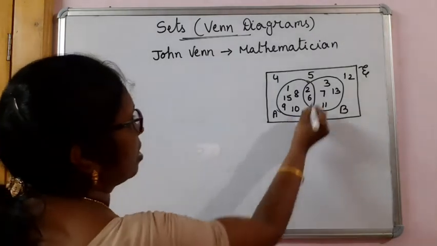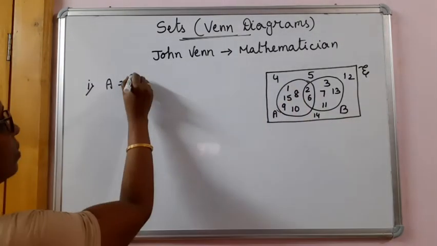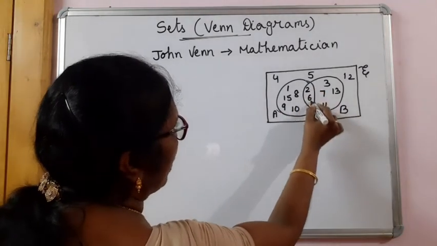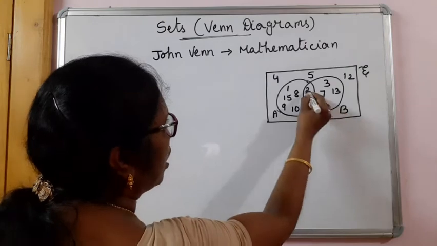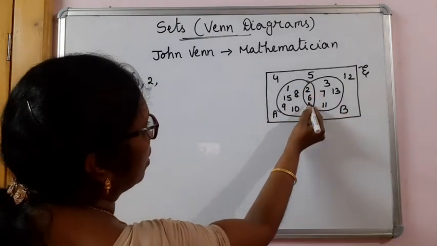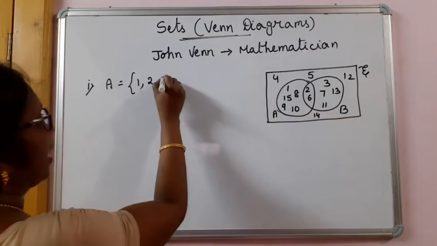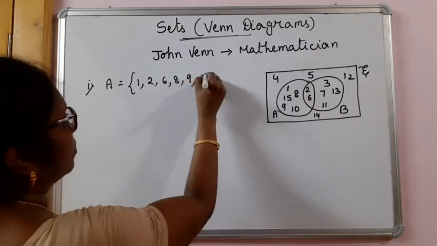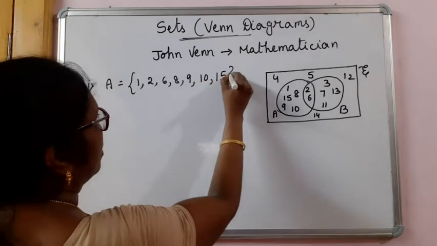Let us write. In this set A we have 1, 2. Also, you see 2 and 6 are in both A and B, so 2 is in A also. 1, 2, let us write in order, 6, 8, 9, 10, 15.